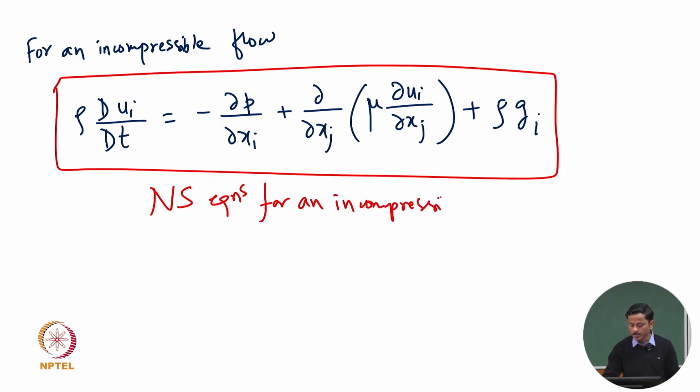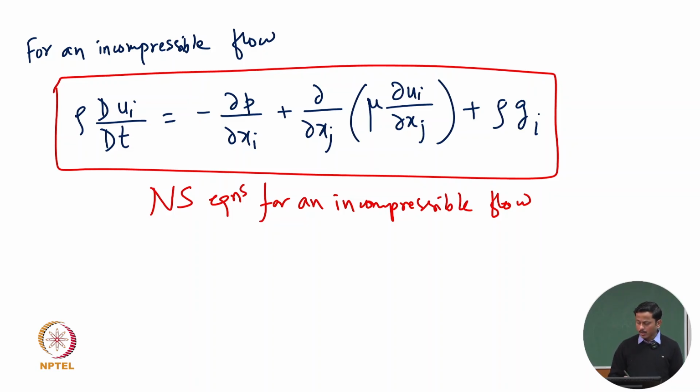In most cases, the incompressible limit is valid, because the flow speeds are slow enough so that the pressure differences generated, the pressure field generated, are not strong enough to create appreciable changes in density. So we will be working in this limit. So for an incompressible flow, this is the form of the momentum equation, and the conservation of momentum equation itself is called the Navier-Stokes equation.